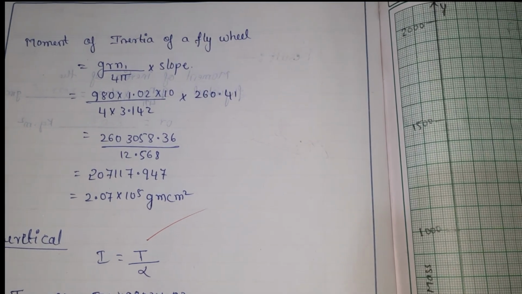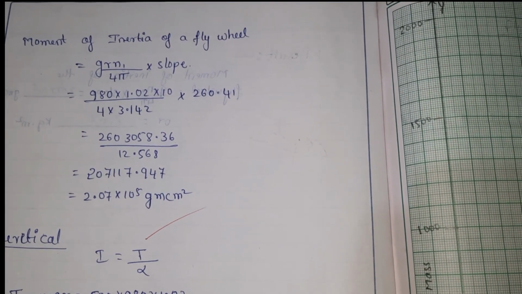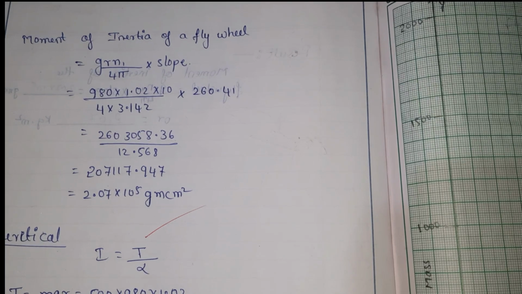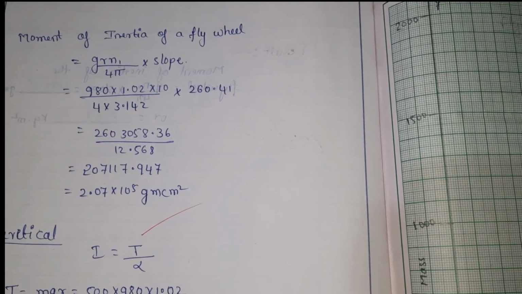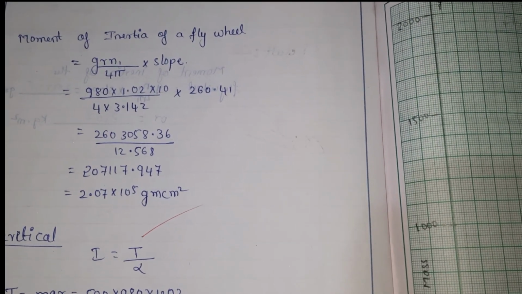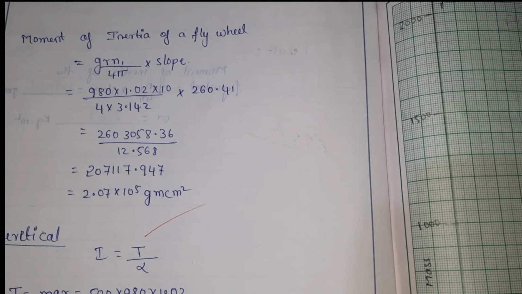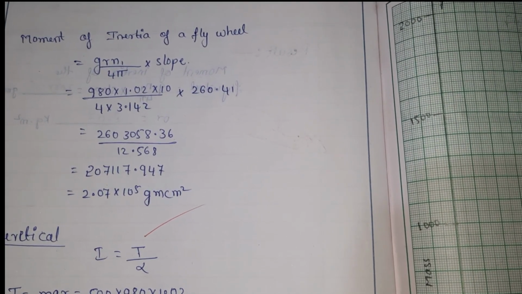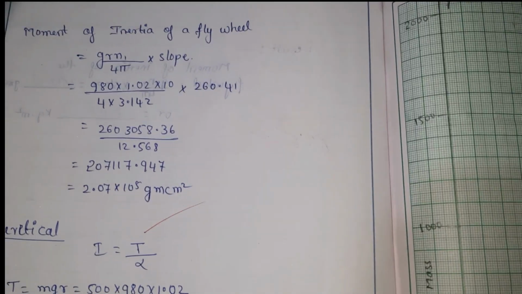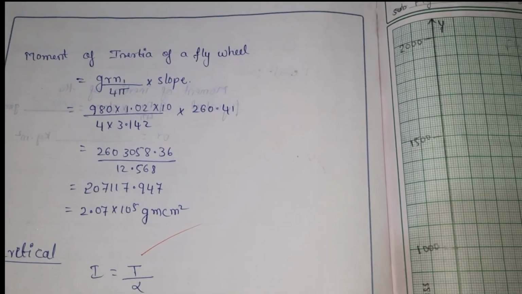Here g is the acceleration due to gravity, r is the radius, n1 is the number of turns, 10. You will get the moment of inertia about 2.07 into 10 to the power 5 gram per centimeter square. This is calculated from the graph.